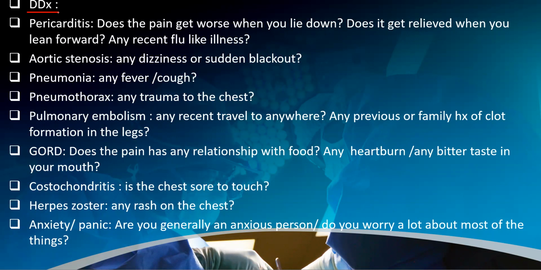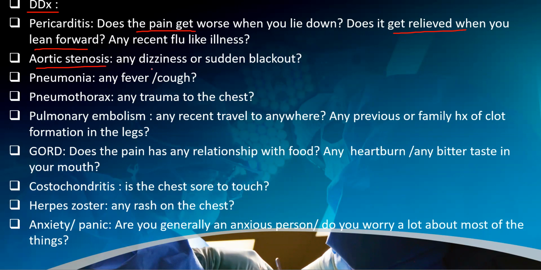Patient with pericarditis most of the time comes after a viral flu, so you should always ask that in any chest pain cases. And also, usually pericarditis patient will sit in a way that they will try to show you that they are leaning forward. So you have to get that from the patient. Obviously, you need to find out, does the pain get worse when you lie down, and does it get better when you lean forward?